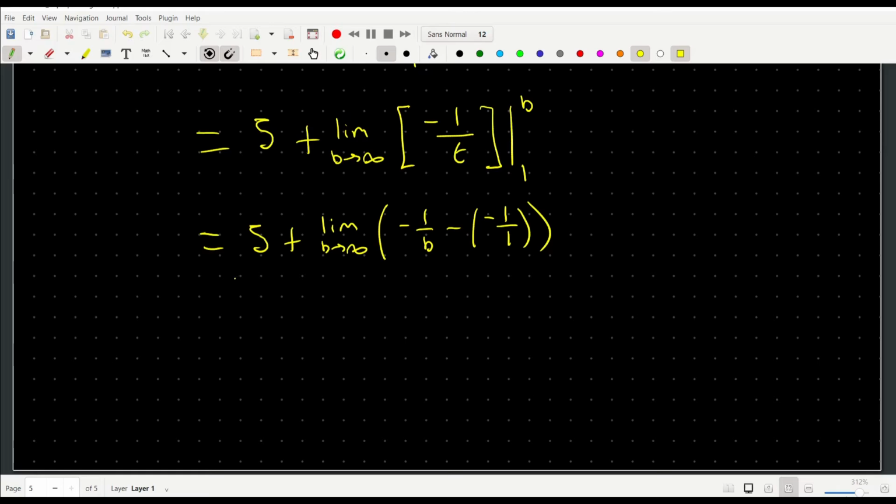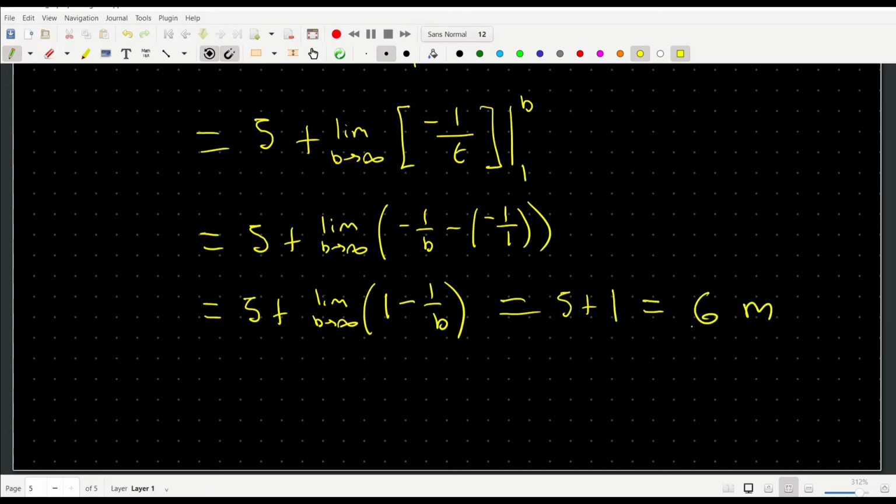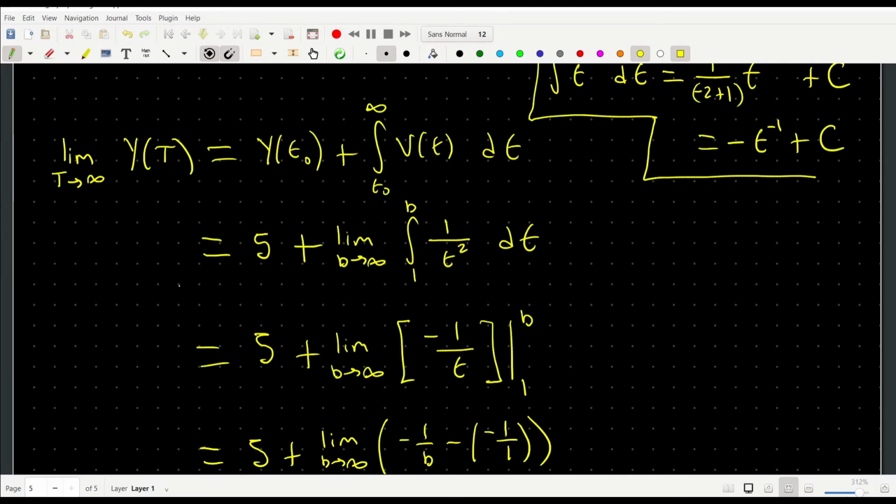So this is going to be 5 plus the limit as b goes to infinity of 1 minus 1 over b, which is exactly equal to 5 plus 1, or 6. So what we've shown here is that the left-hand side of this equality goes all the way down.